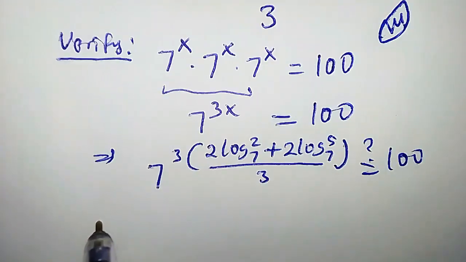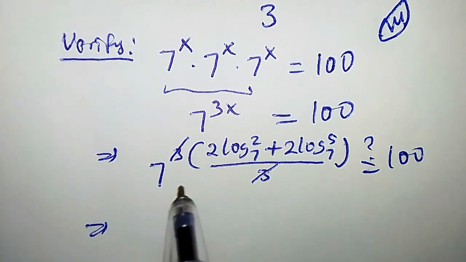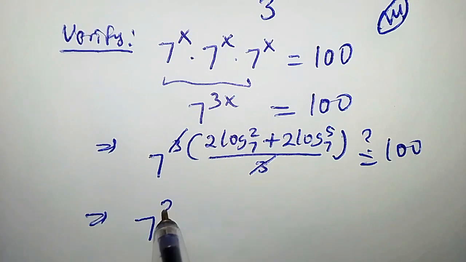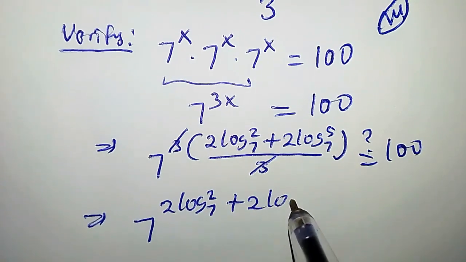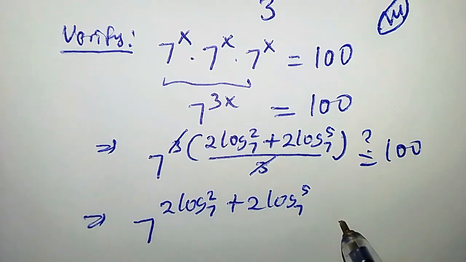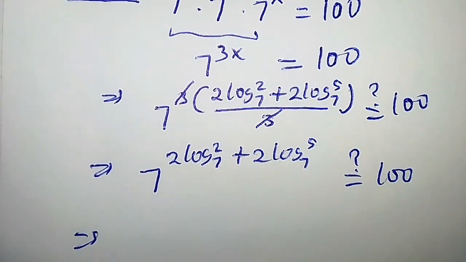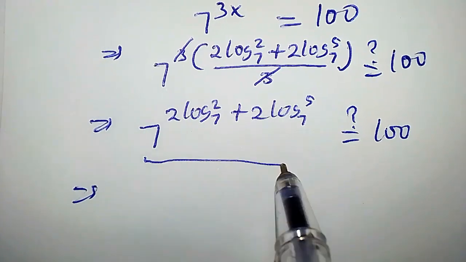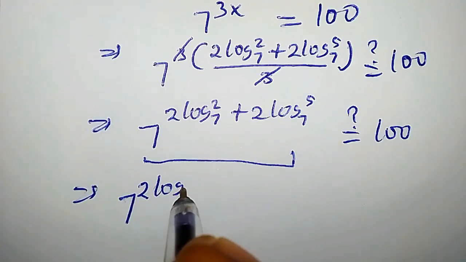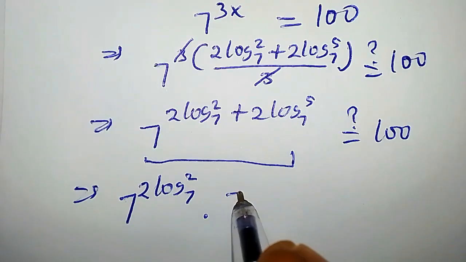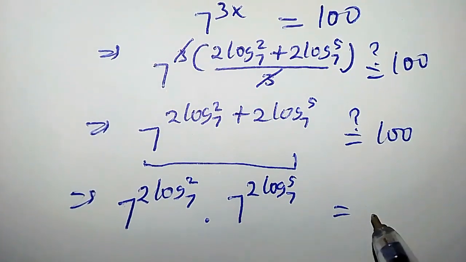This is our claim. This implies that clearly this 3 takes care of this 3. We are left with 7 raised to 2 times log 2 base 7 plus 2 times log 5 base 7 equal to 100. This is our claim. This implies that this whole thing, we can rewrite it as 7 raised to 2 times log 2 base 7 times 7 raised to 2 times log 5 base 7 equal to 100.